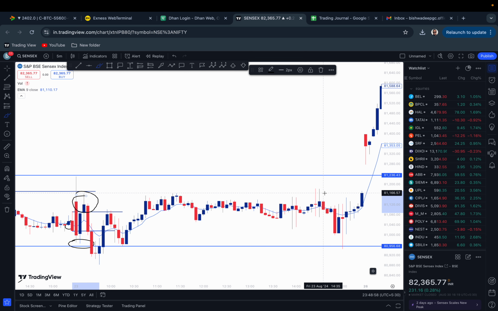So there is another strategy called the 3:30 or 3 p.m. strategy, where the market moves either on the buying side or the selling side. There may be a huge percentage change, like maybe 200, 250 or 300 points in the upward or downward movement.